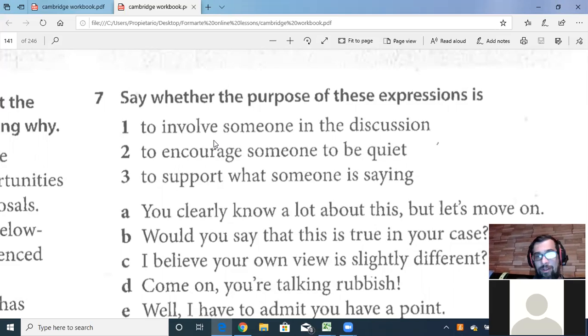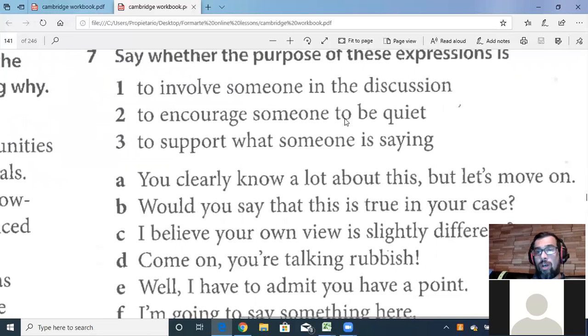That's a good expression, because remember that if the other person is very nervous and doesn't even talk, and you are out of words, well, you can ask him a question. So what do you think? All those kind of things are very important.